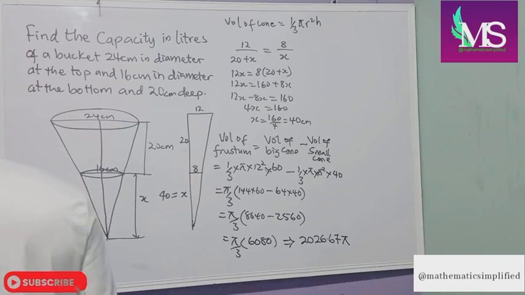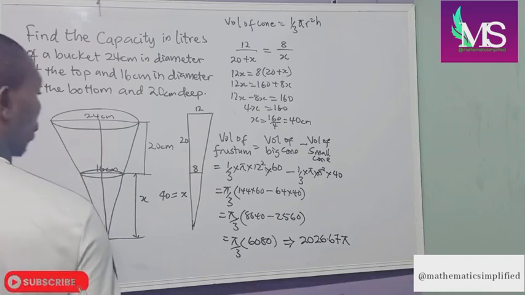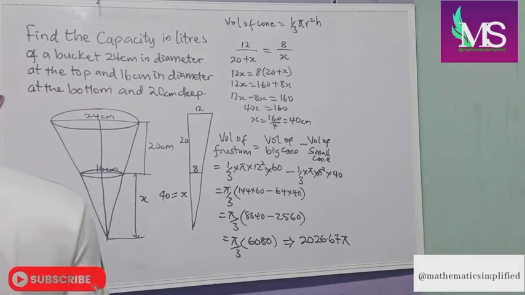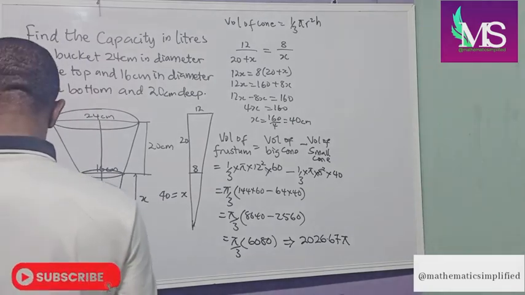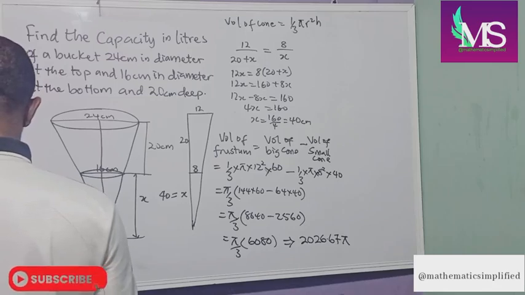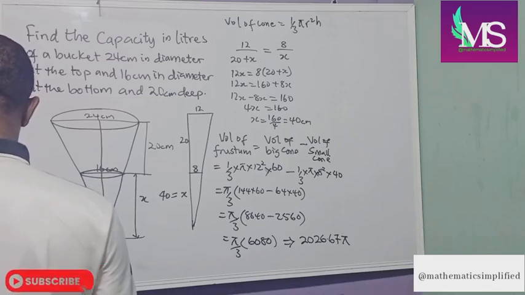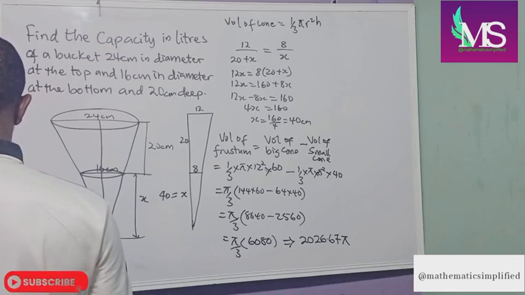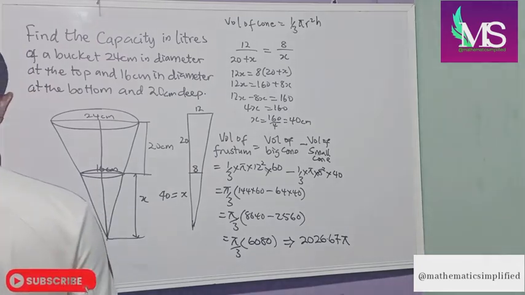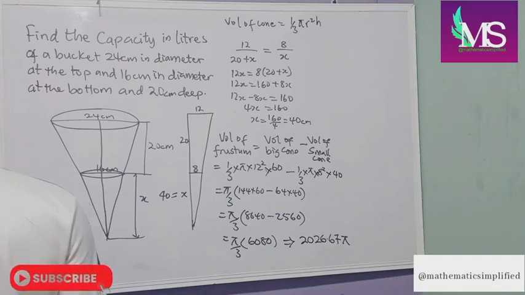So if we include our pi, this will be times 22 divided by 7.